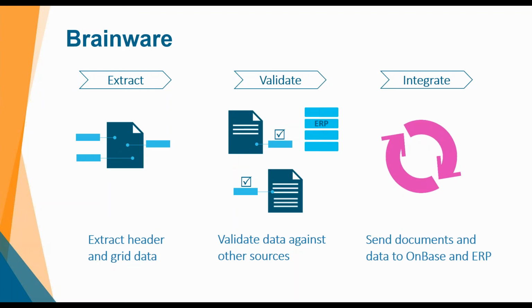This AI tool uses contextual information, much like a human would, rather than relying on templates or zonal OCR. Over time, the learning engine in Brainware effectively teaches itself where to find information to generate higher confidence levels of that extraction.